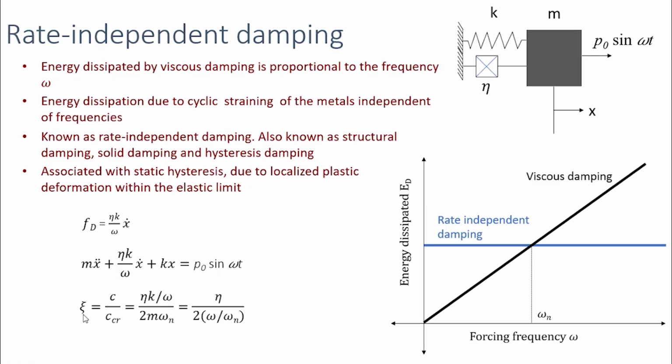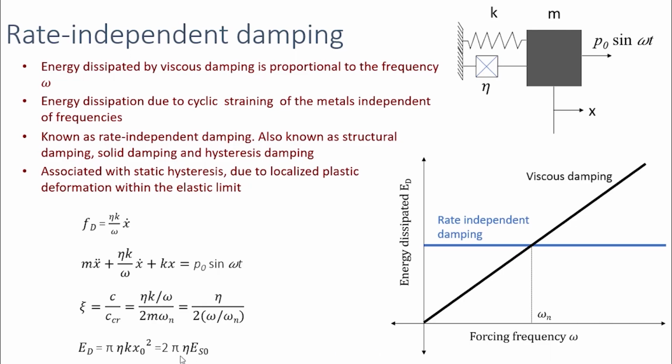We know that zeta, the damping ratio, is equal to C by C critical, where C is the viscous damping coefficient. Here in this case, we can replace the value of C as eta k by omega. So we would get zeta equal to eta by 2 multiplied by the frequency ratio.